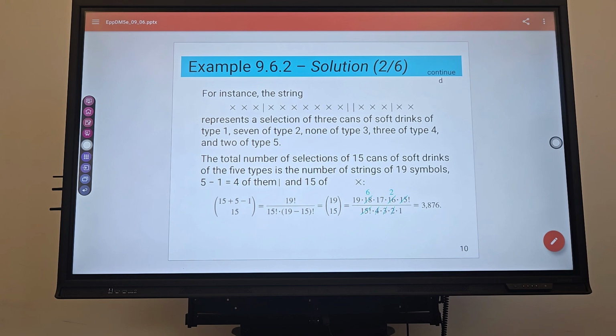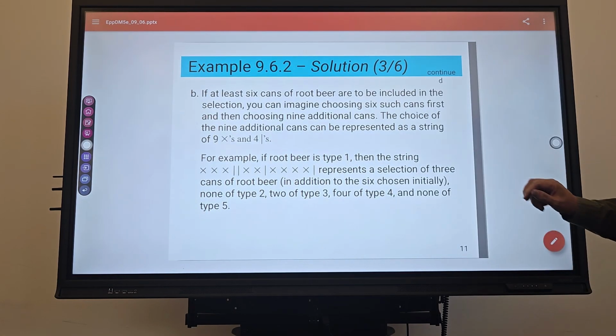So 19 factorial divided by 15 factorial times 19 minus 15 factorial is equal to 3,876. Quite a bit, a large number of possibilities for the number of combinations of soft drinks.